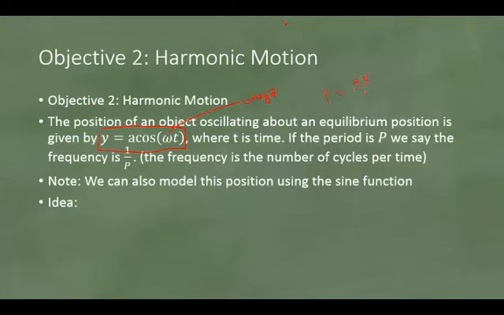So it's 2 pi over omega. Right, and we're also going to have a new definition. The frequency is 1 over the period. And the frequency is just the number of cycles per time, or the number of times it goes through one full rotation, or through its entire period.